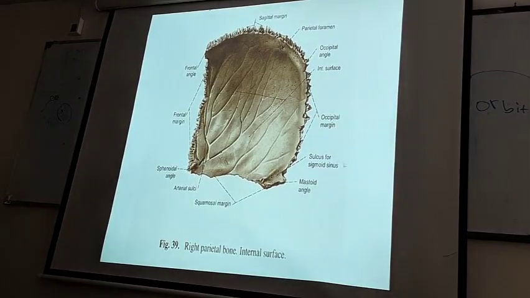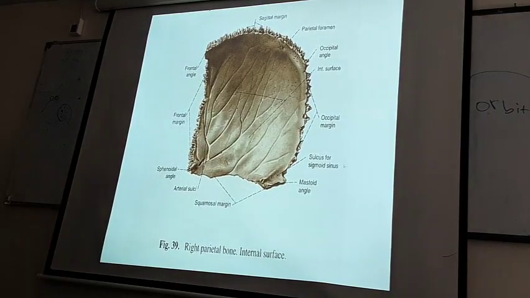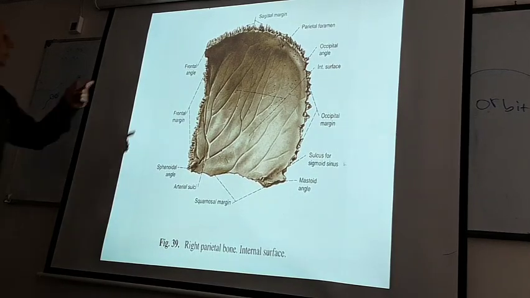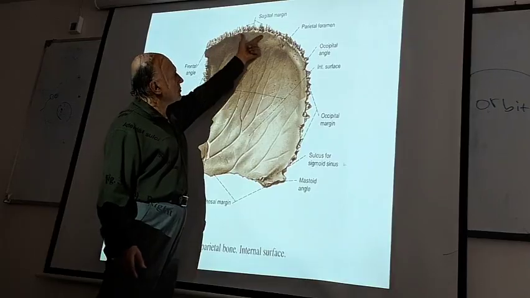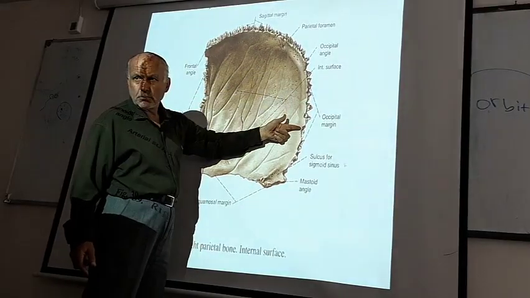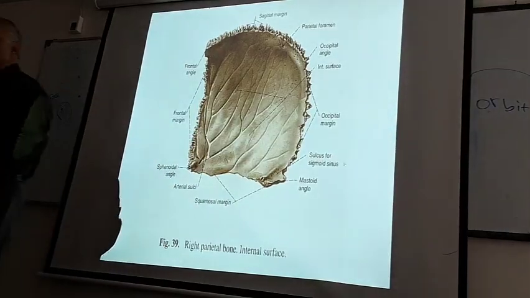I told you last week. Another thing in the internal surface is this sulcus. Here it is better seen. This is for the superior sagittal sinus.